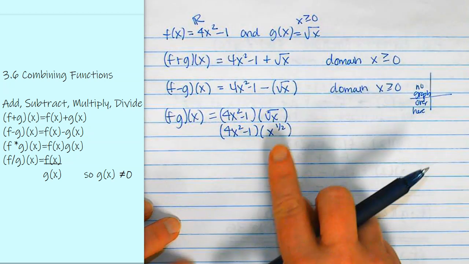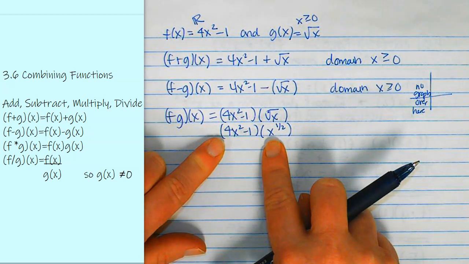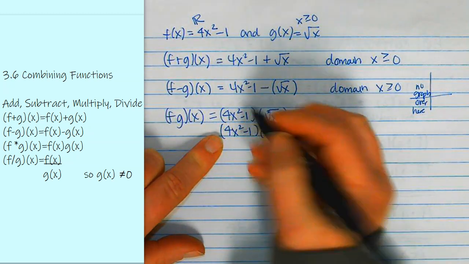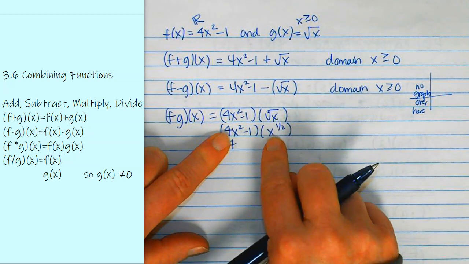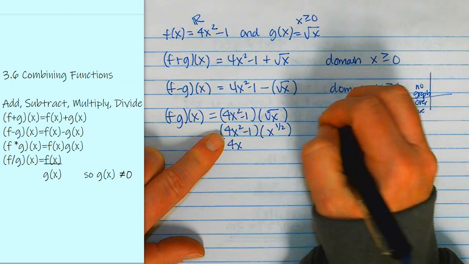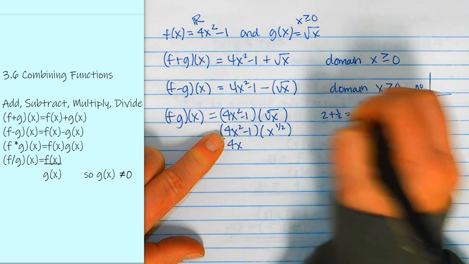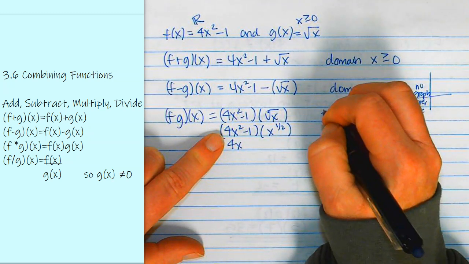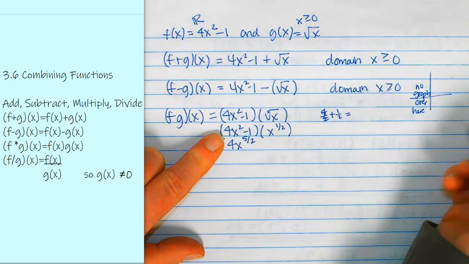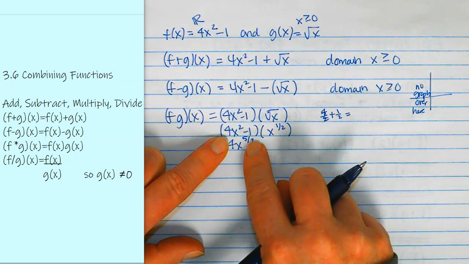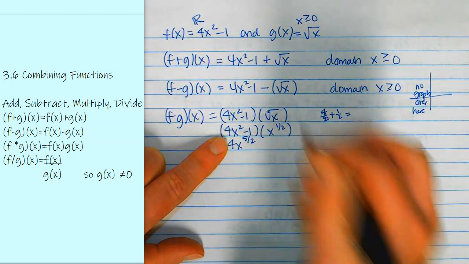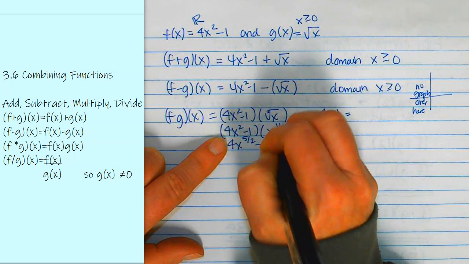Then when we multiply these two together, we're distributing but kind of backwards, we have 4 times 1 is 4. X squared times x to the 1/2 means keep the base and add the exponents. So over here I'm going to write 2 plus 1/2. That is equal to 4 halves plus 1/2, or 5 halves. So we keep the base, add the exponents, and then negative 1 times this will be negative 1 x to the 1/2.